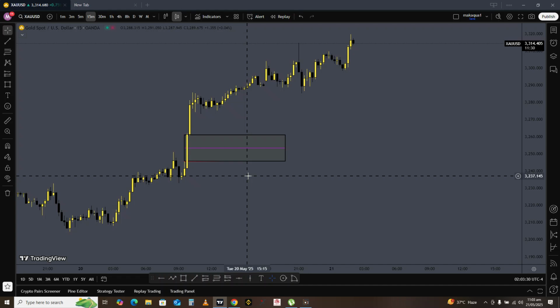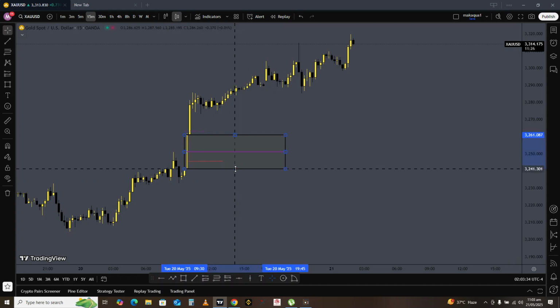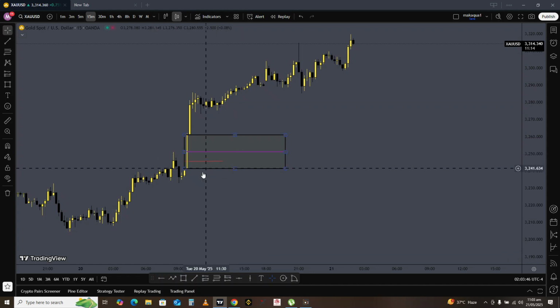But the institutional fair value gap is where the gap or the orders are created by the banks or other big financial institutions, asset management companies. That's why it is called the institutional fair value gap. So from now on, try this and see the difference in your trading.